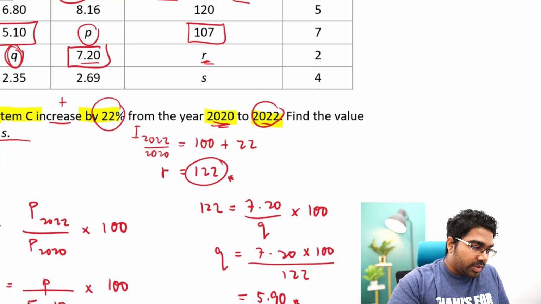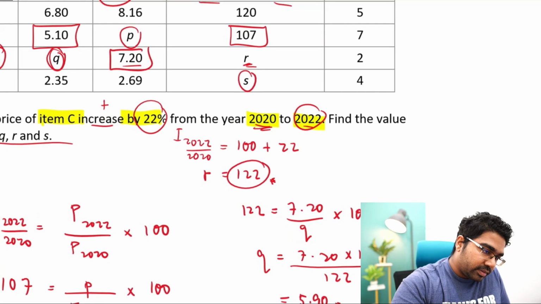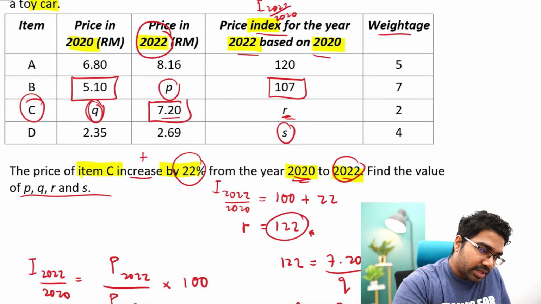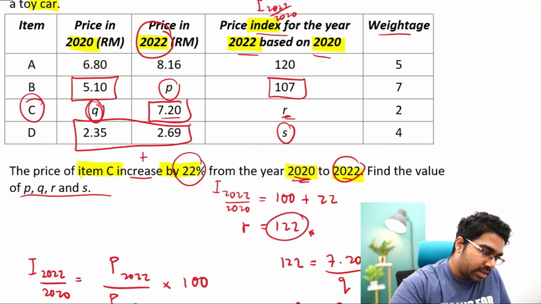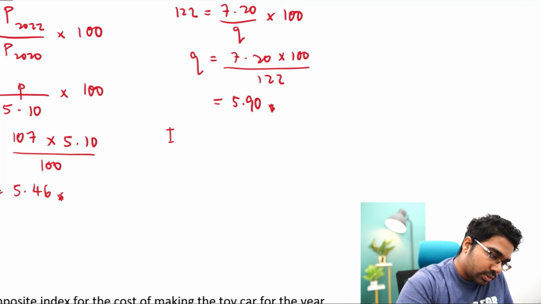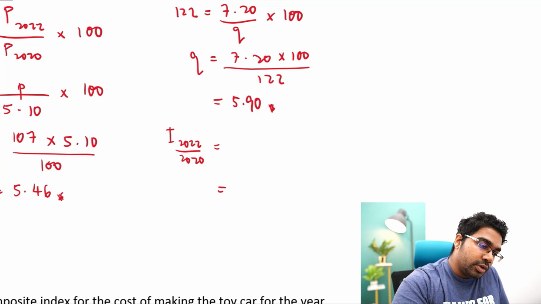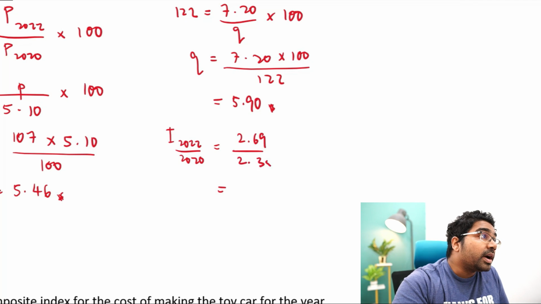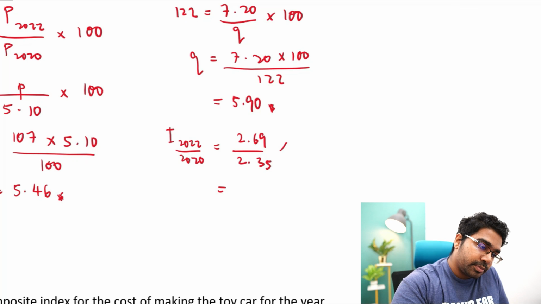And then we found P, Q, R. Now it's time to find S. So S is the price index. So we use the same formula, 269 and 235. So the index for 2022 based on 2020 for item D would be the new price 269 over the base price 235 times 100.